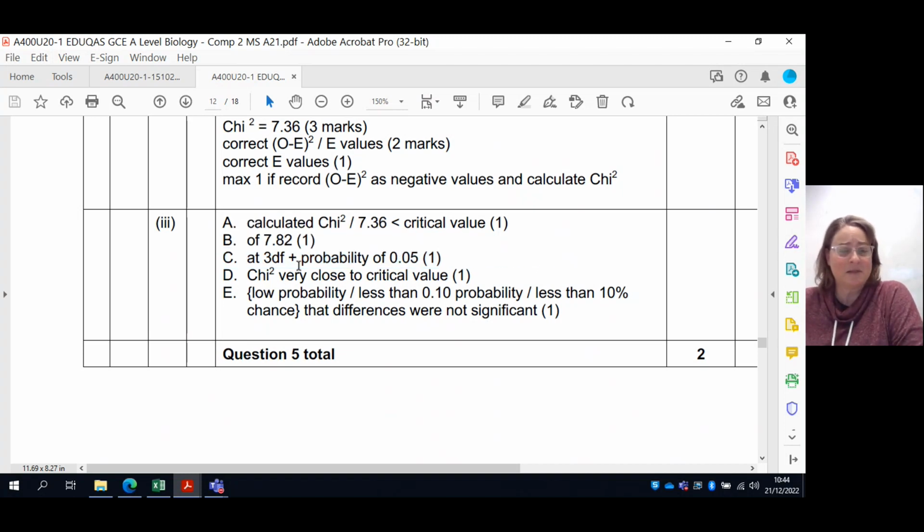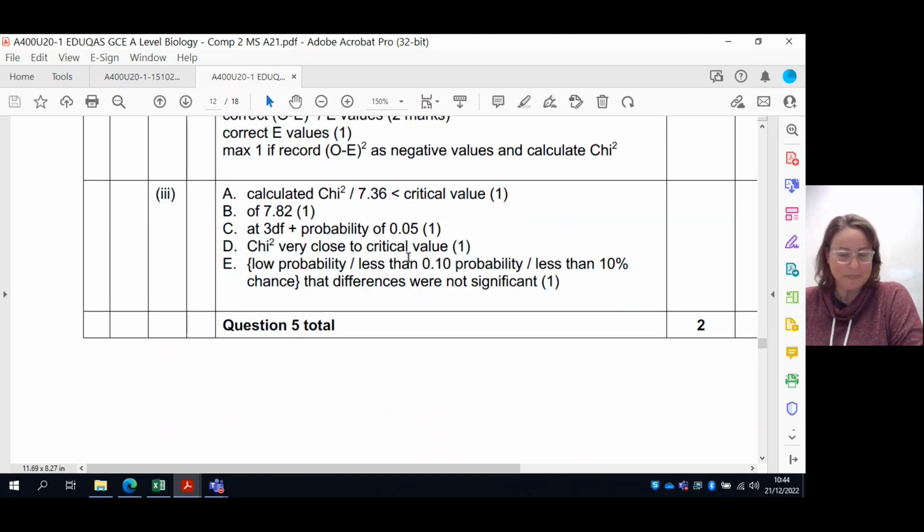I can't give you the mark for saying that you've identified that properly. Closeness, and therefore, because of that closeness between the critical value and the actual calculated chi-square, we've got a low probability, so the difference is not really significant. That was question number 5.